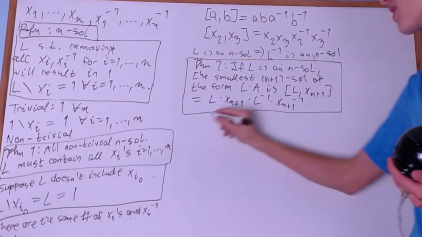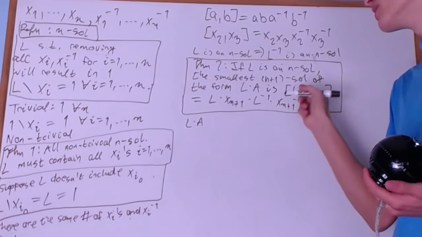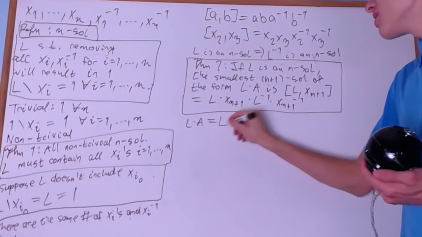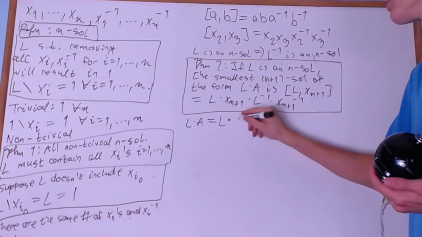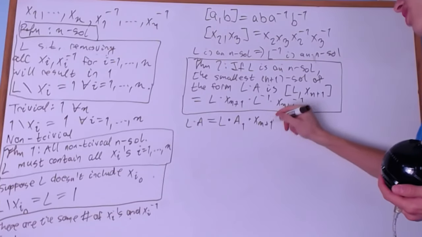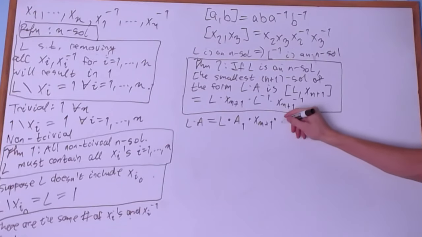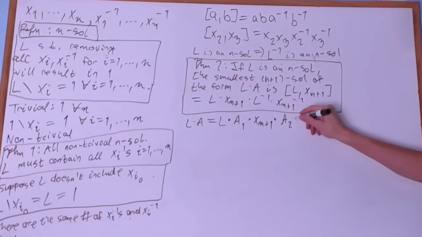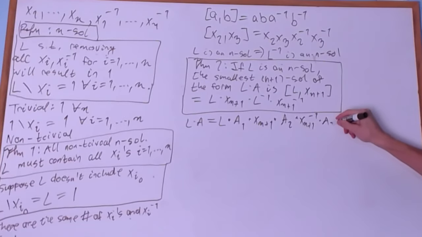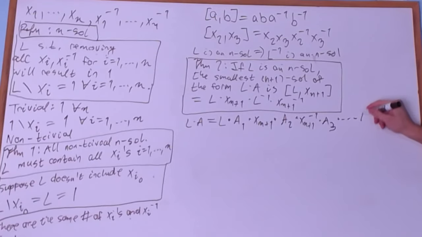So let's go ahead and write out L times A in a really general form. And the form I'm going to write it out in is L times A1 times xn plus 1 times A2 times xn plus 1 inverse times A3 times, you get the idea, it'll go up until A2k.